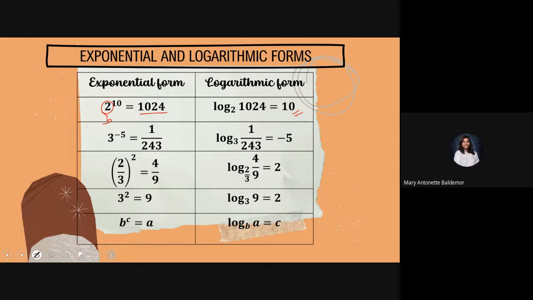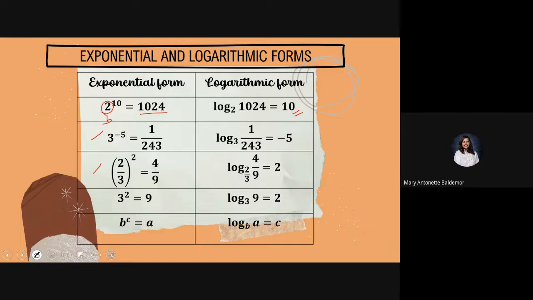So let's try another example. We have 3 raised to negative 5 is equal to 1 over 243. Using logarithm, we can rewrite it as the logarithm of 1 over 243 with base 3 is equal to negative 5. Next example, we have 2/3 squared is equal to 4 over 9.